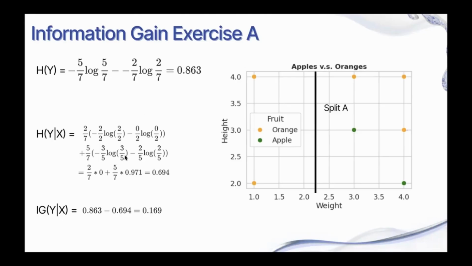The next one, a lot of numbers, right? So this first line is looking at the left split. On the left, there are 2/7 fruits partitioned there, so we have to multiply by that weight. And then there's 2/2 oranges. You will just do the exact same thing with the entropy, but with this specific side.